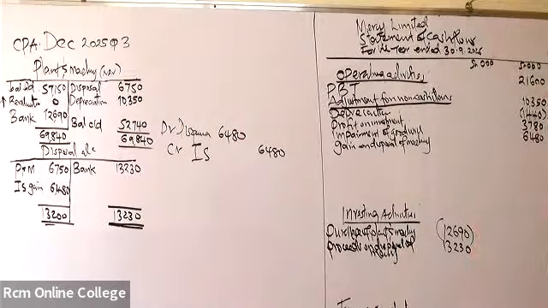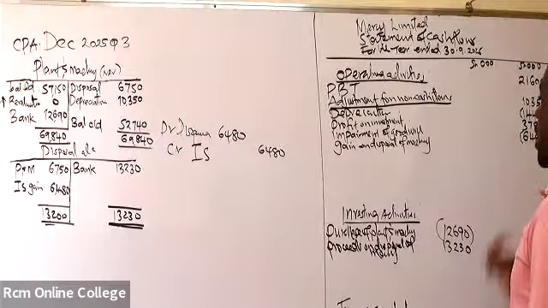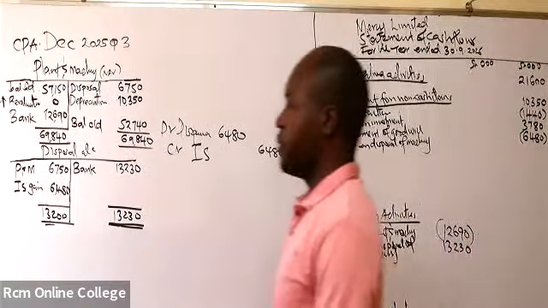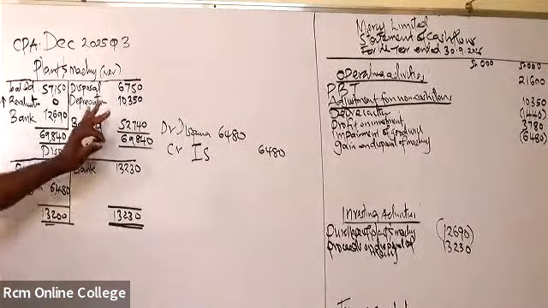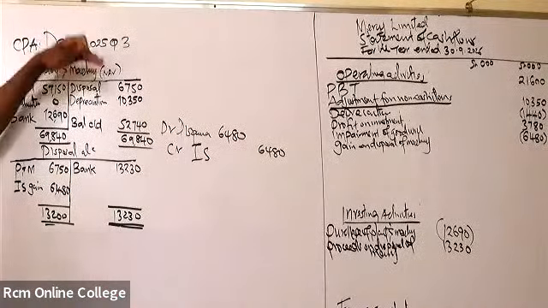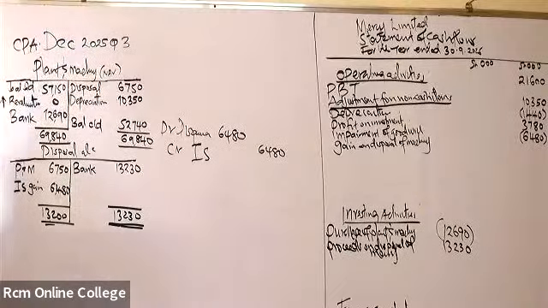Should I add or deduct? I should deduct the exaggeration, right? So I'll deduct the gain on disposal of machinery. Good. That is what you do when the account is maintained at net book value.